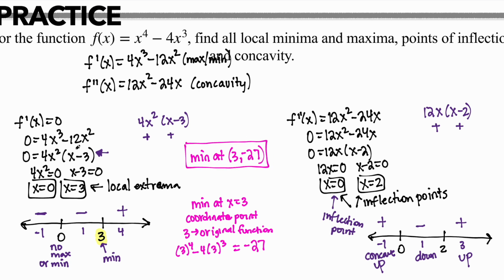Now, what an inflection is doing, if I was to graph a very, very rough sketch, what's happening is that at 3, -27, which is, let's just say it's way down here, there's a minimum, which means I know it's doing that. And I also know that at 0, there is an inflection. At 0, it was concave up, which means it looks like this, but then at 0, it turns and becomes concave down. That is how the whole thing is decreasing from all the way over here.